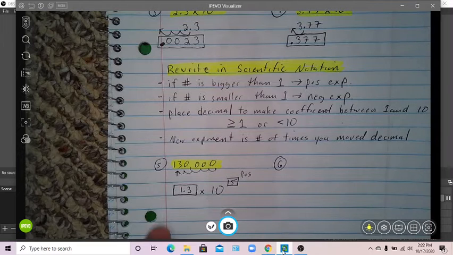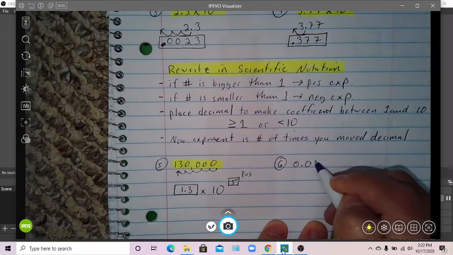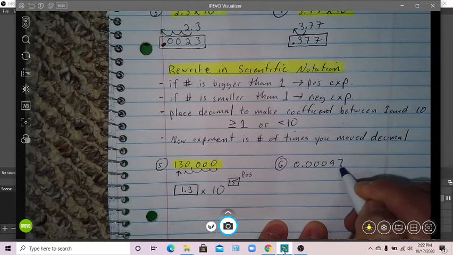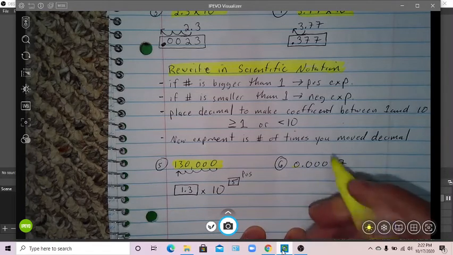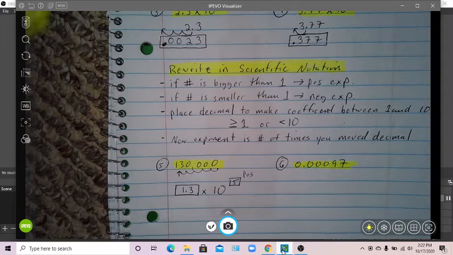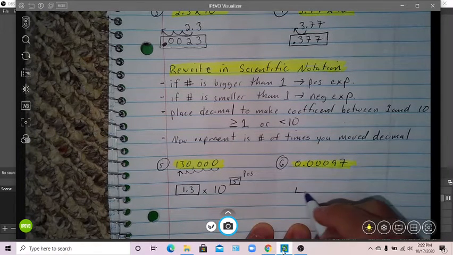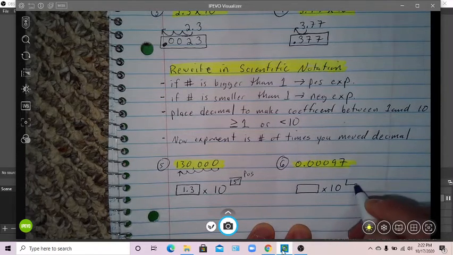This is what you'd put into IXL. Let's do one that looks like this: 0.00097. That's the problem it'll give you, and then it'll also give you a box times 10 and a box for the exponent.